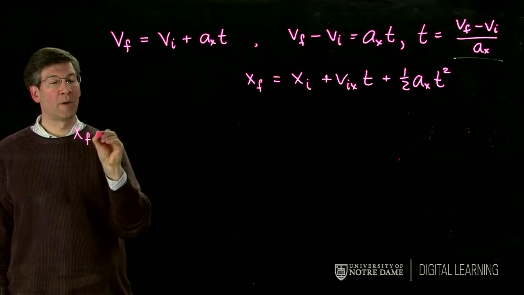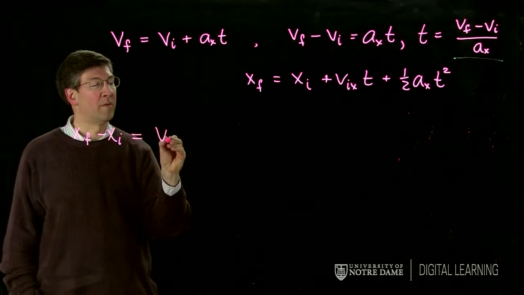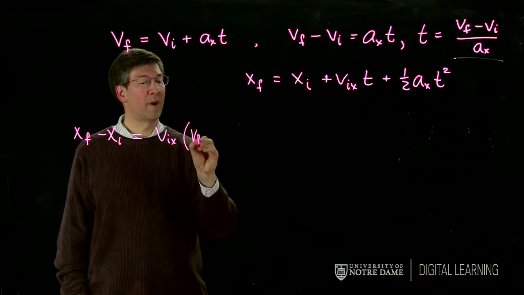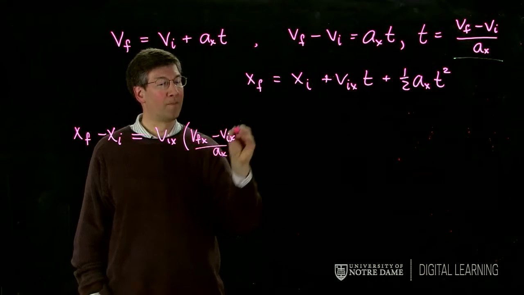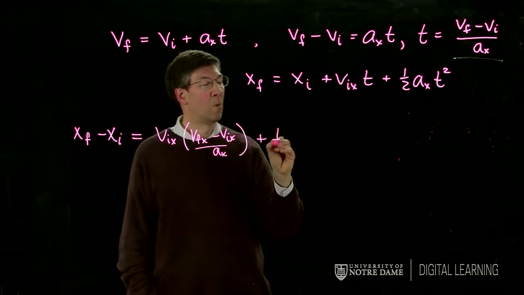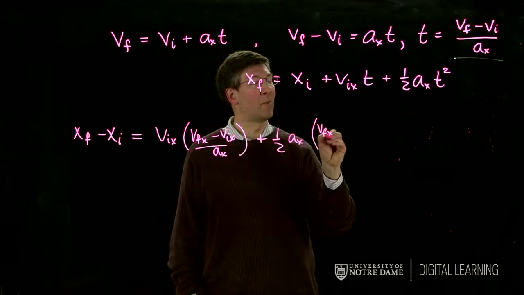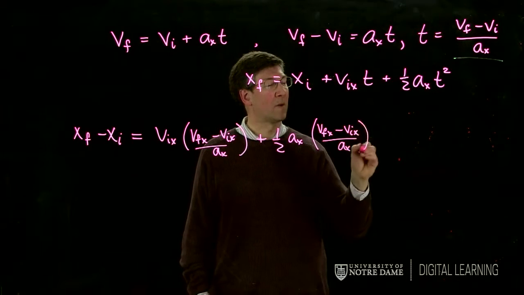So I have x final minus x initial is going to be equal to v initial times the time, which is v final minus v initial divided by the acceleration, plus 1/2 times the acceleration times v final minus v initial divided by the acceleration, squared.